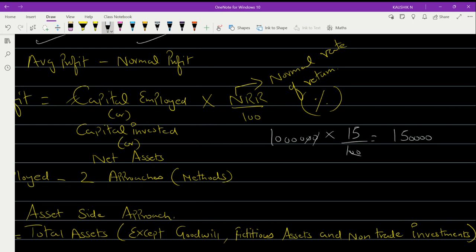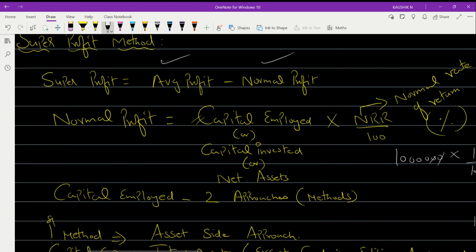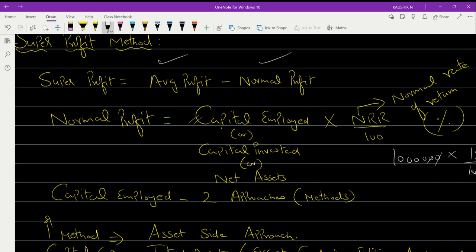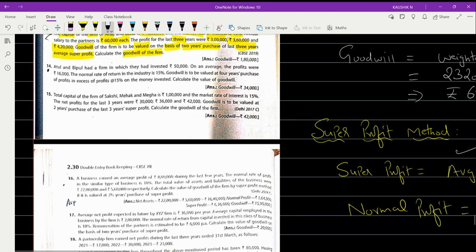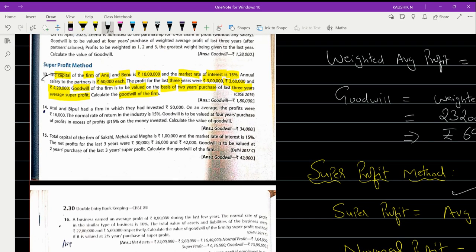Okay. So now you have got the value of your average profit and normal profit also. But here one thing I missed. There is one small adjustment. இது மட்டும் நான் இப்போ சொல்லி தரேன், but adjustment full-ஆ இன்னும் சொல்லி தரல. It is given in the question that salary is payable to the partner.